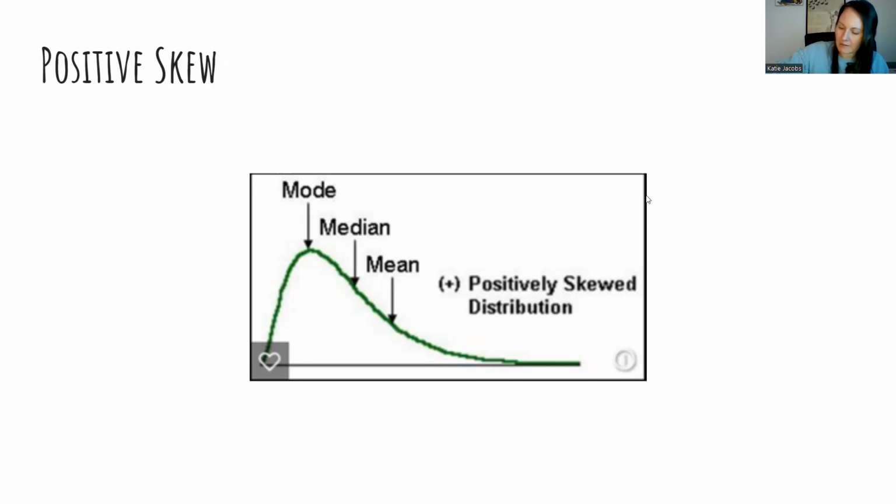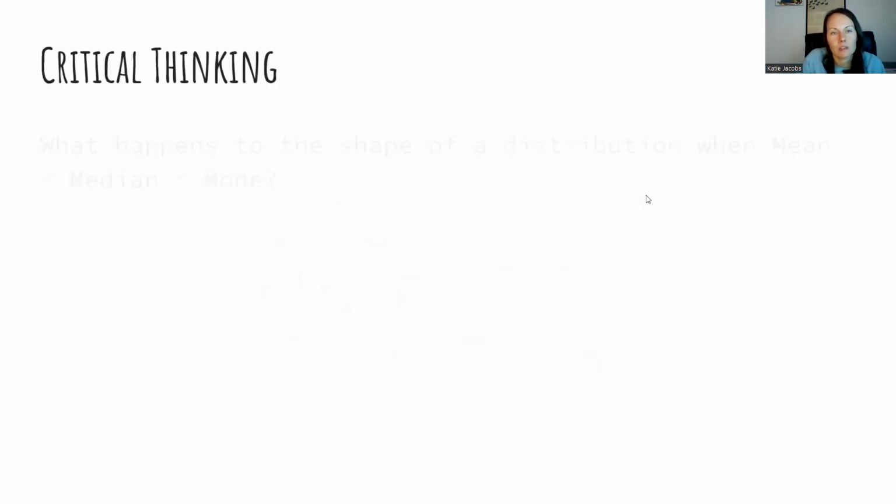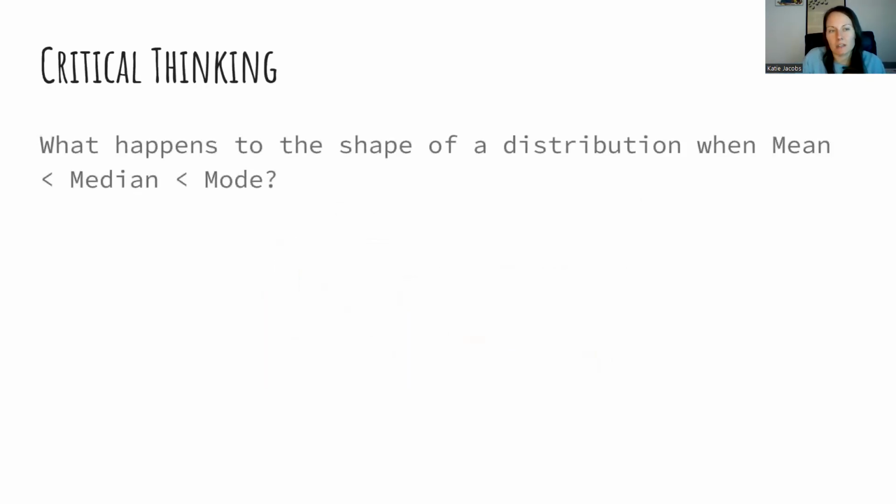So if we flip that around, what happens to the shape of the distribution when the mean is smaller than the median, which is smaller than the mode? Okay, so if we draw an example, drawing our little histogram out.